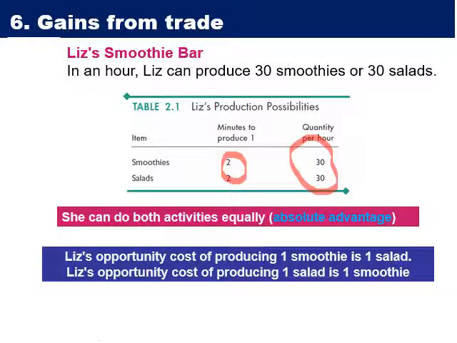Similarly, if she wants to increase the production of salads by 1 unit, she needs to decrease her production of the other commodity. So the opportunity cost of producing 1 salad is 1 smoothie. Based on that, this is her opportunity cost in producing both commodities.